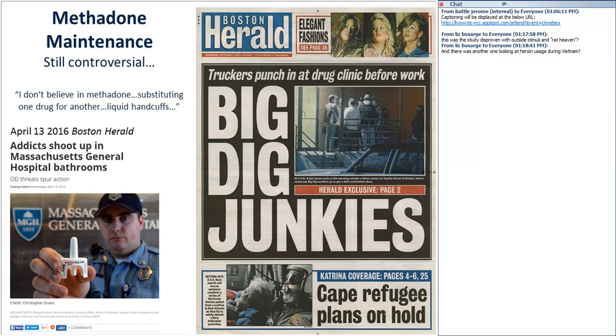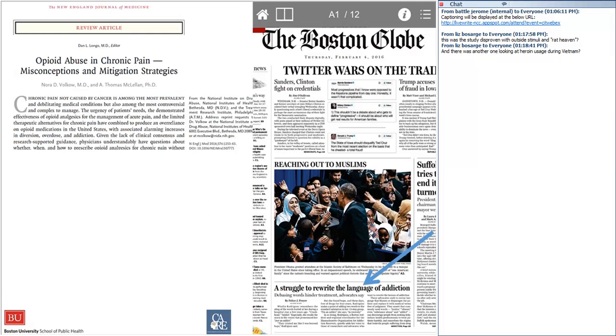And the front page of the Herald, they took a picture, showed it on the front page, and called them Big Dig junkies. Now, these are people who are getting medical treatment for their disorder, the most effective known treatment, and who are trying to get their treatment before they go to work every day. And they were put on the front page like this, which just shows a real misunderstanding that's promulgated by the words that we use.